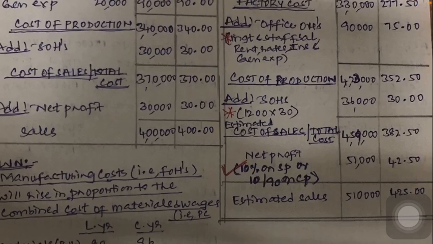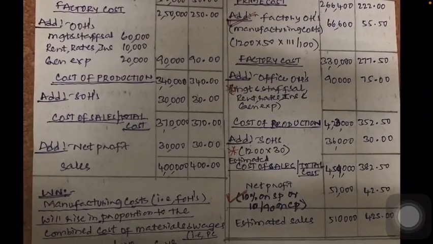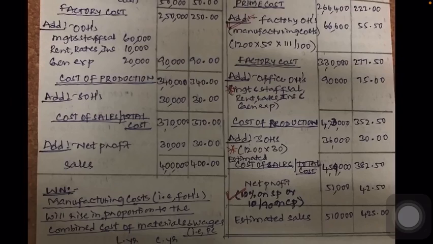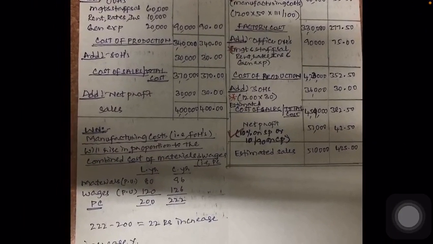This is how you have to complete this sum. Cost sheet, then you have to calculate the increase in manufacturing cost percentage, then you have to complete the estimate for 1200 coolers.